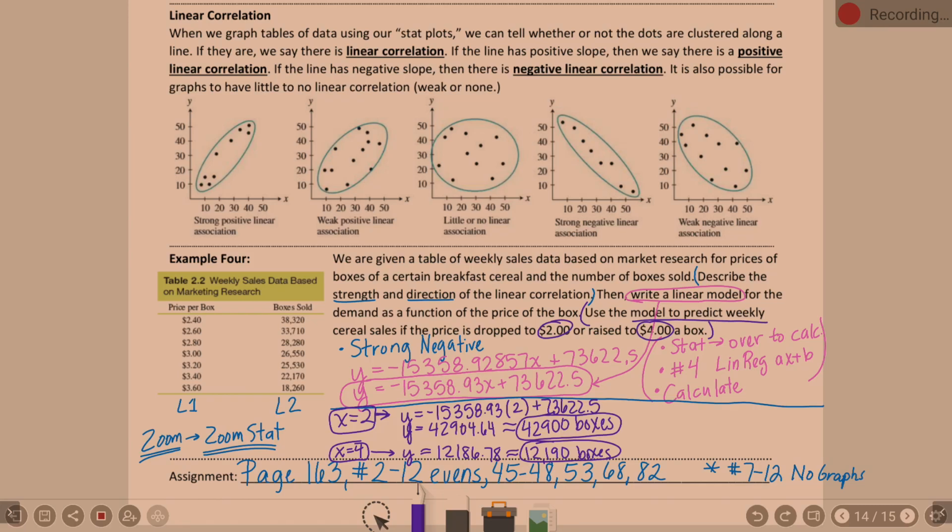Beware, 82, folks. I don't know if I'm going to give full homework credit if you don't actually go through and attempt 82. 82 has A through I parts. And they're all doing average rate of change, though. Okay? It's just average rate of change on every single one of them. So just kind of beware. That's not just do one part and quit. Okay? Other than that, you guys have work time.